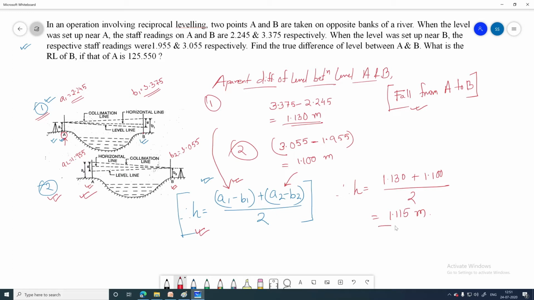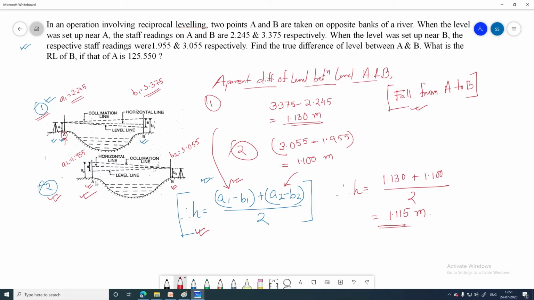Now see what the question says. This is the difference of level, and we also know A has a higher RL value and B has a lower RL value. That means the A location is higher than the B location. What is the difference of RL between A and B? That is 1.115.